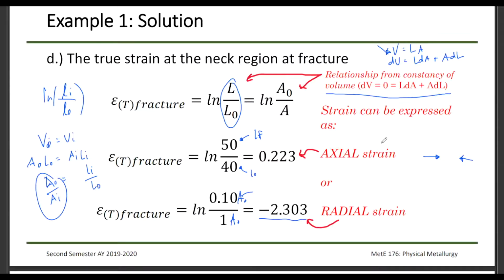In some subjects, this is sometimes called e-long or e-longitudinal, and this one is lateral. I don't know if you're familiar with this. When we compute Poisson's ratio, the computation is e-long over e-lat. So this is the same thing, the axial strain and radial strain, e-long and e-lat.